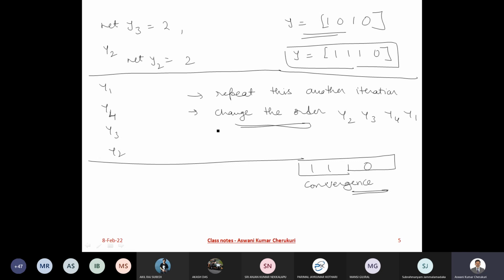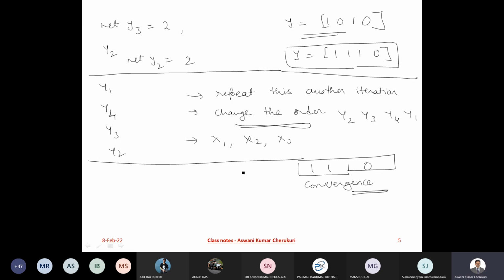Another thing is, we have done this for only one vector. You can even try storing multiple vectors, x1, x2, x3, and so on. There is an interesting problem in the book where three vectors are stored in the network.